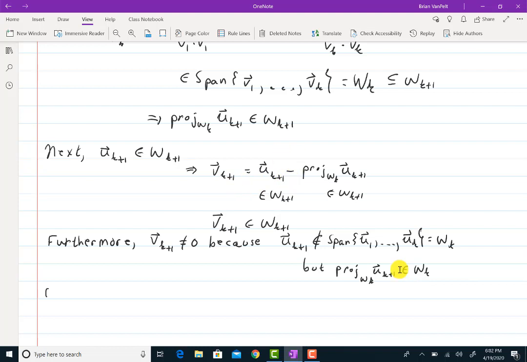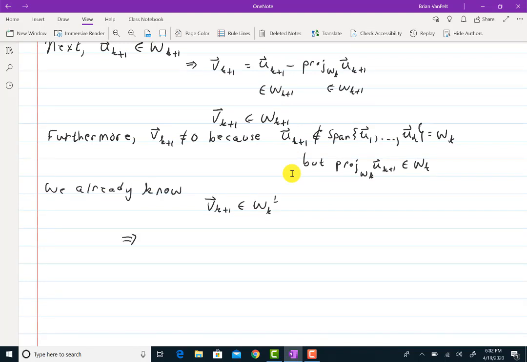Now, we already know this breakdown right here, u sub k plus 1 minus the projection onto wk of u sub k plus 1, is perpendicular to w sub k. So we know that v sub k plus 1 is in wk perp.